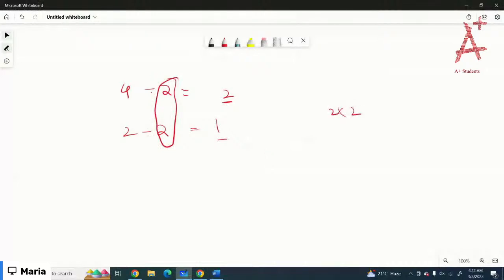Got it? So that means the prime factors of 4 are 2 times 2.